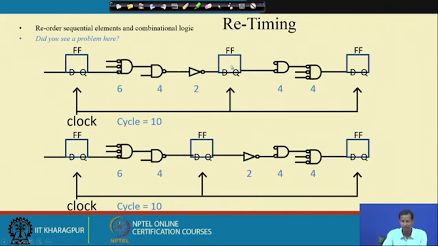If I place this flip flop in this particular position, then this path will take 6 plus 4, that is 10, and here 2 plus 4 plus 4, that is 10. So, you see the flip flop has been moved to this position to balance the two paths, 10 over here and 10 over here.